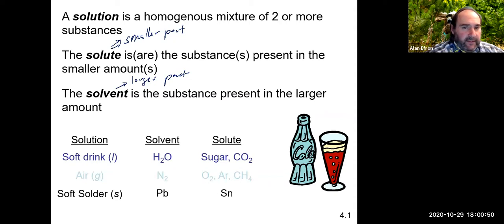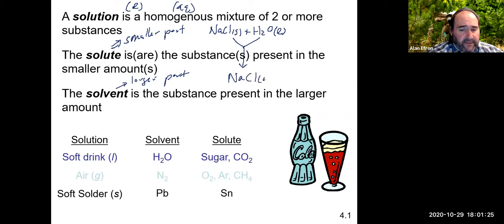And a reminder that there is a difference when we talk about those two symbols, L, which is a liquid, and AQ. L, which is a liquid, is basically just a pure substance by itself. So, for example, like water, if we just had H2O by itself, that would be a liquid. If we took some solid sodium chloride and mixed it with some water, that solid sodium chloride would dissolve into the water, and we would get an NaCl solution, a sodium chloride solution, and that would get the aqueous symbol.